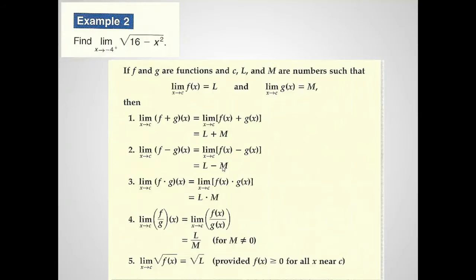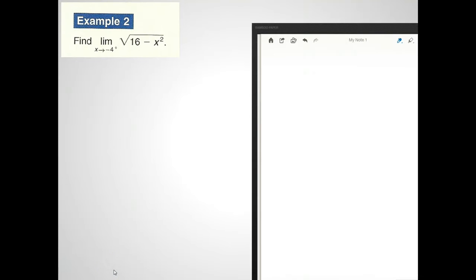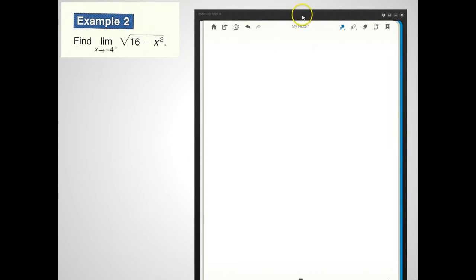So let me go back to this screen here and bring up the writing tablet so I can do a little writing. When we look at this particular one, we can say that the limit of this function, because it's a square root function, in our fifth property, said that when you take the limit of the square root of a function, it's like taking the square root of the limit.